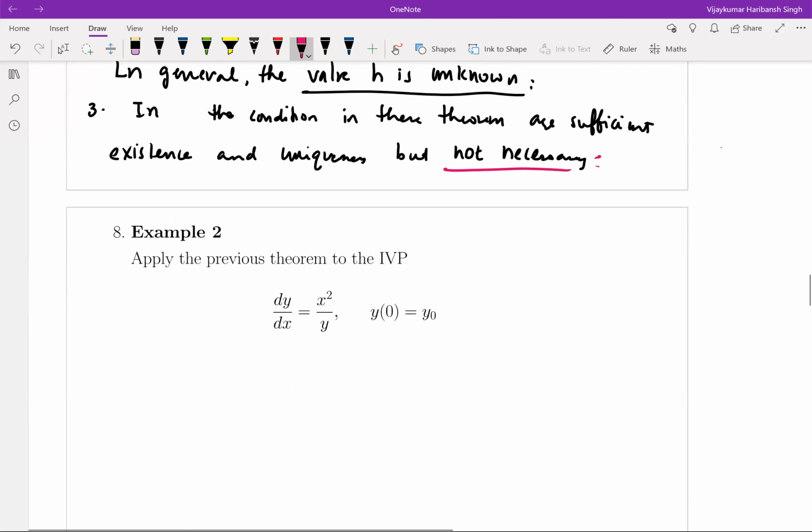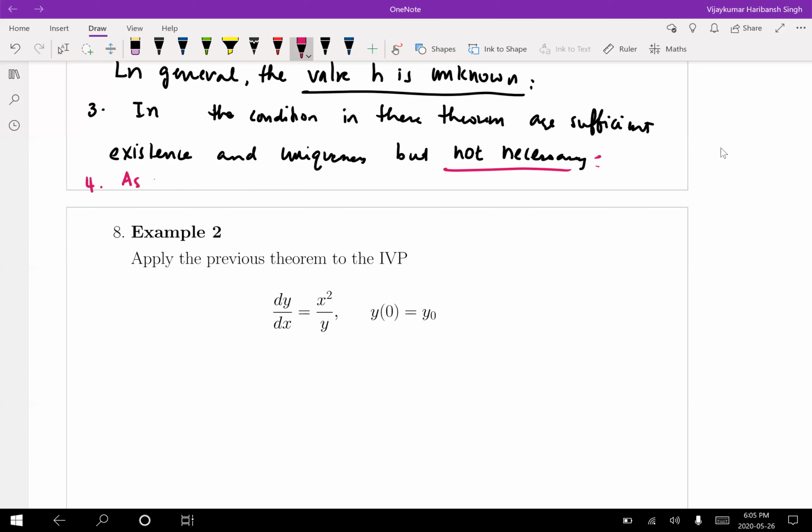So fourth, as you have already observed from the direction fields, now if you look at the direction fields, you can tell about the uniqueness. Why is that?